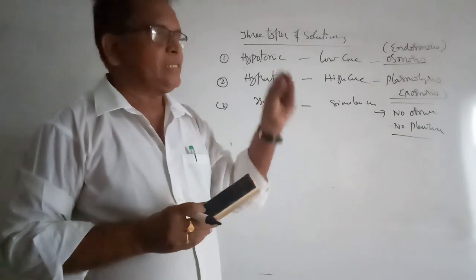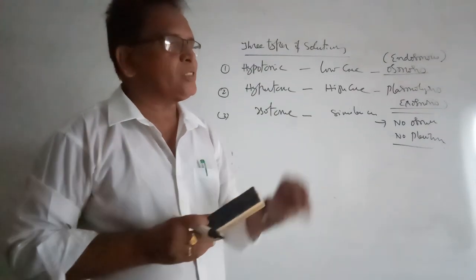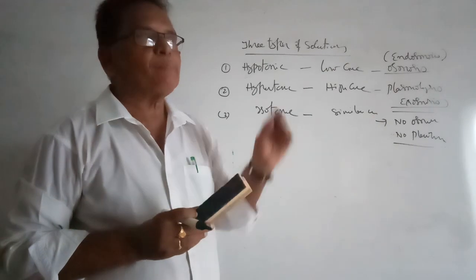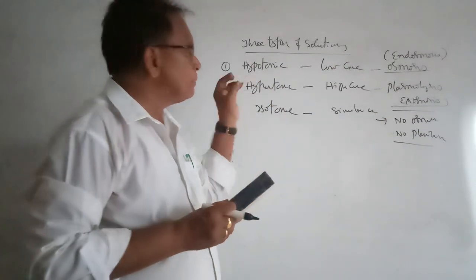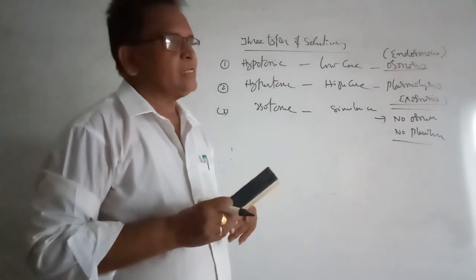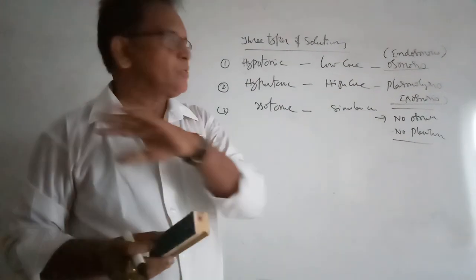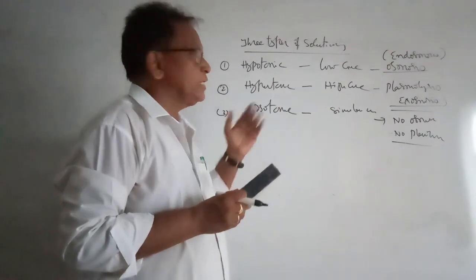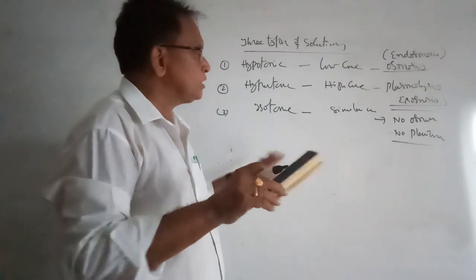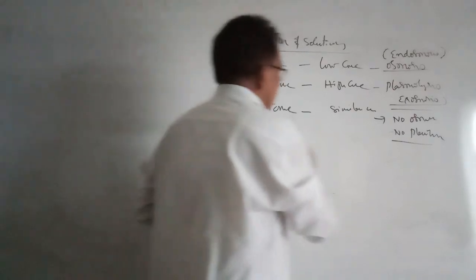If we place a cell in a hypotonic solution, what will happen? Osmosis will occur. If we place a cell in hypertonic solution, what will occur? Plasmolysis will occur, and water from the cell will come out. If we place a cell in isotonic solution, there is no action, no plasmolysis, no osmosis will occur.